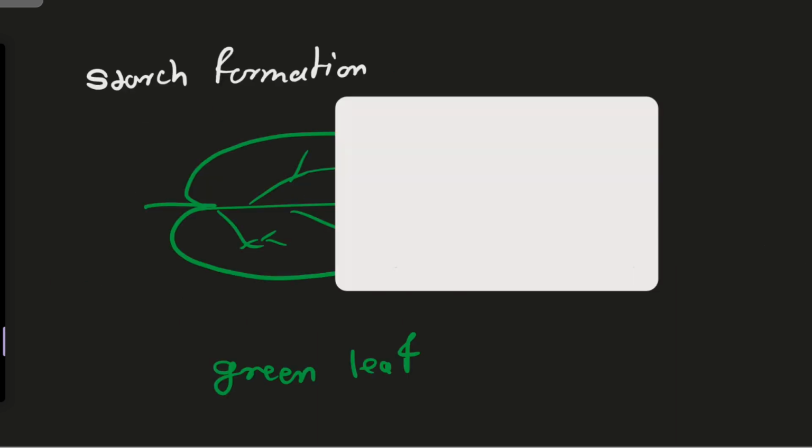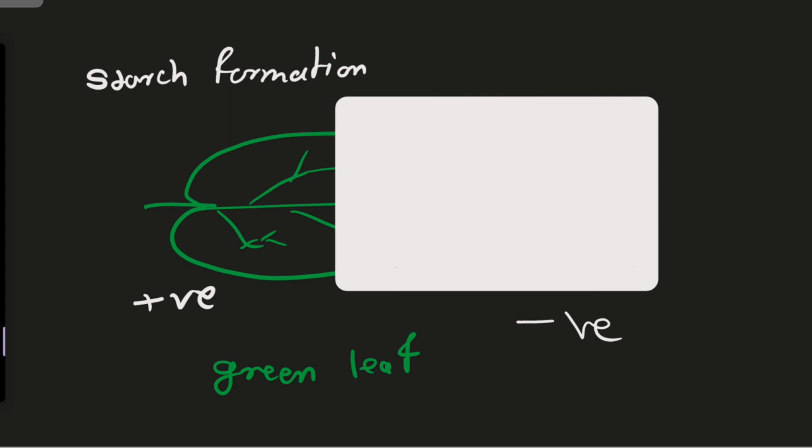In this short experiment, we take a green leaf, partially covered with paper and partially exposed to sunlight and air. After doing the starch test, the exposed part shows a positive result and the hidden part shows a negative result for starch.